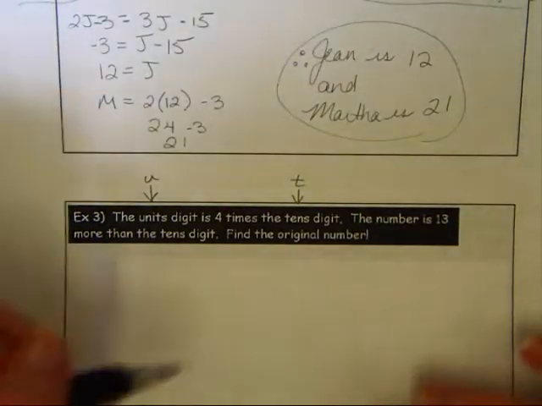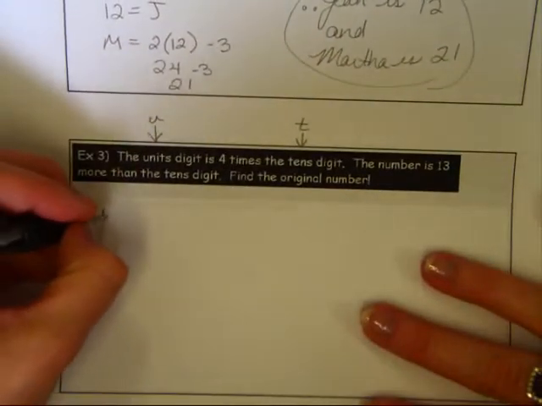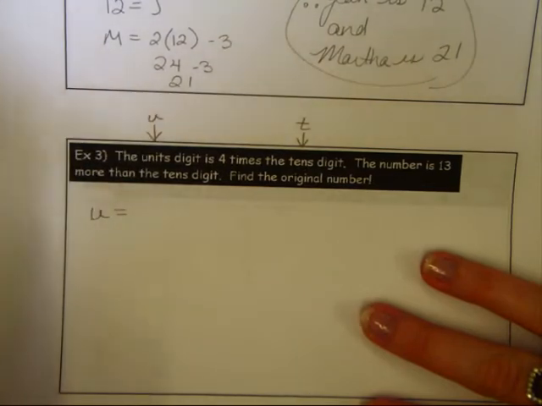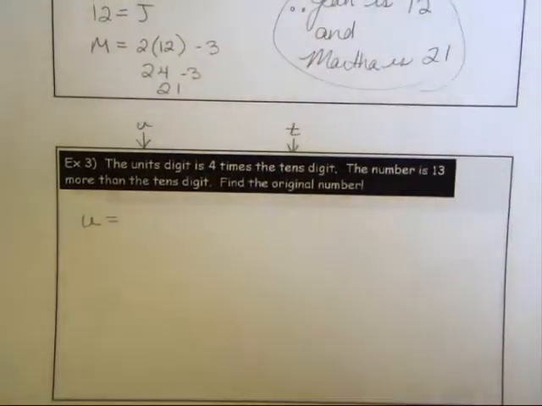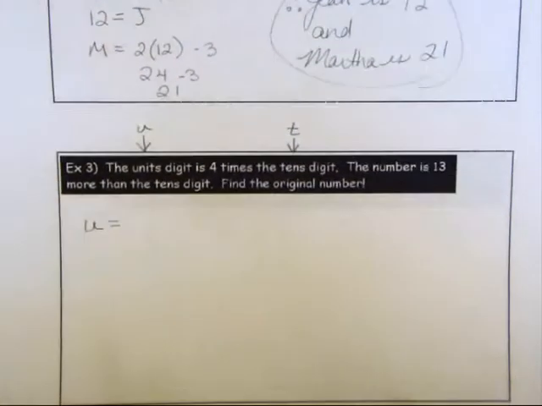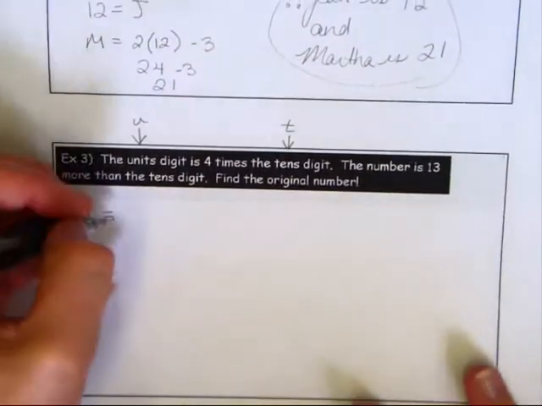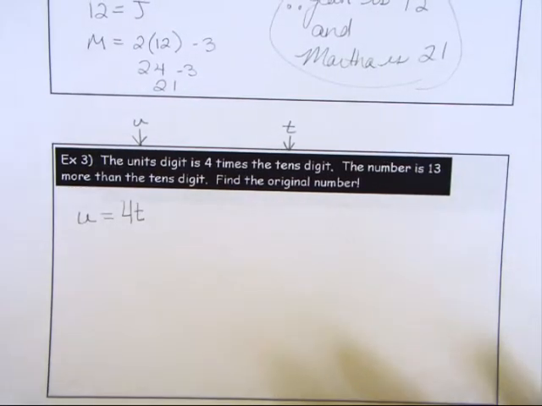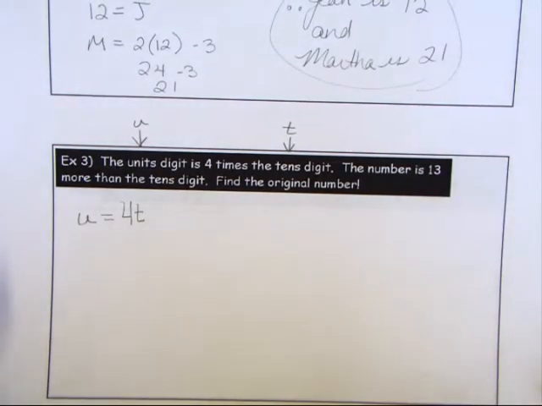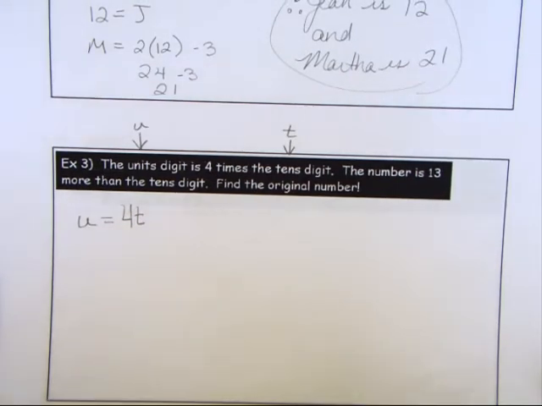First sentence: the units digit is 4 times the tens digit. You should practice this, maybe without looking at the video. There it is. The number itself, now do you remember how I told you to write the number?